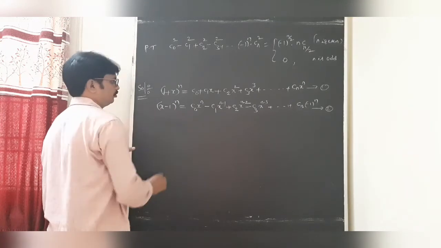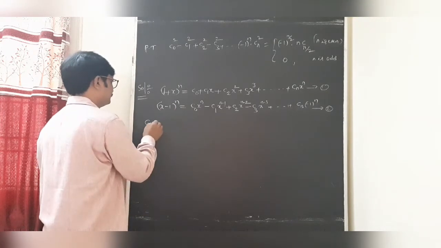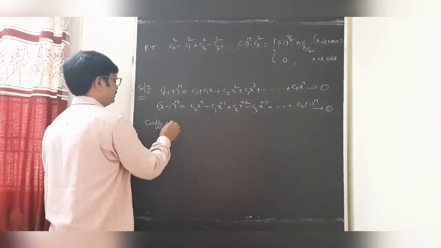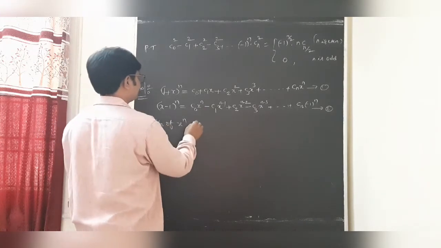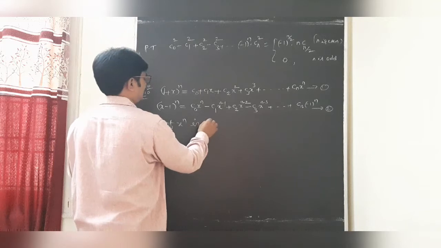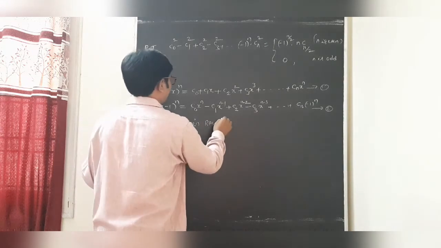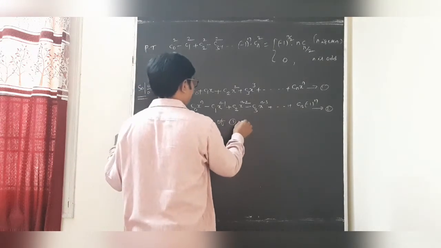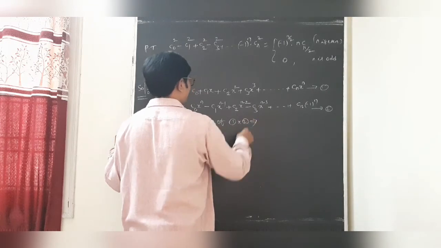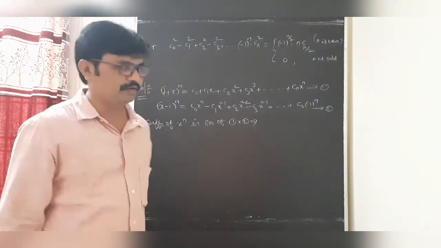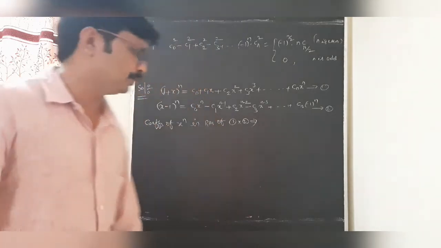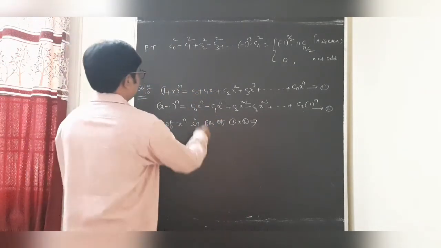So how to write it, students? Coefficient of x power n in the right hand side of 1 into 2. So the coefficient of x power n in the right hand side of 1 into 2, that is what?